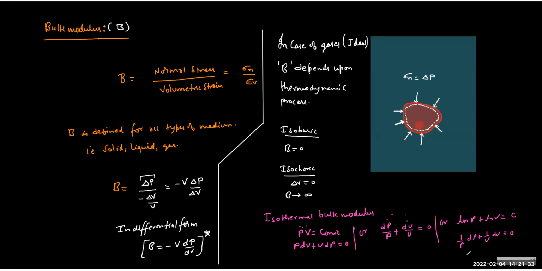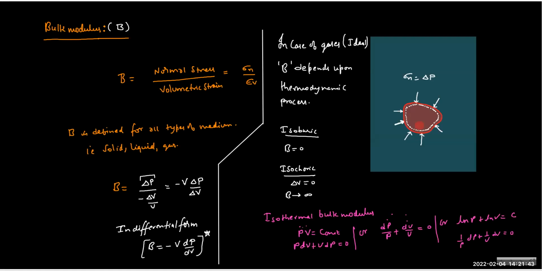So what you will get eventually? Can you show the previous page? Done. So the minus V delta P by delta V is universally true for gases. Yeah, it is always true.